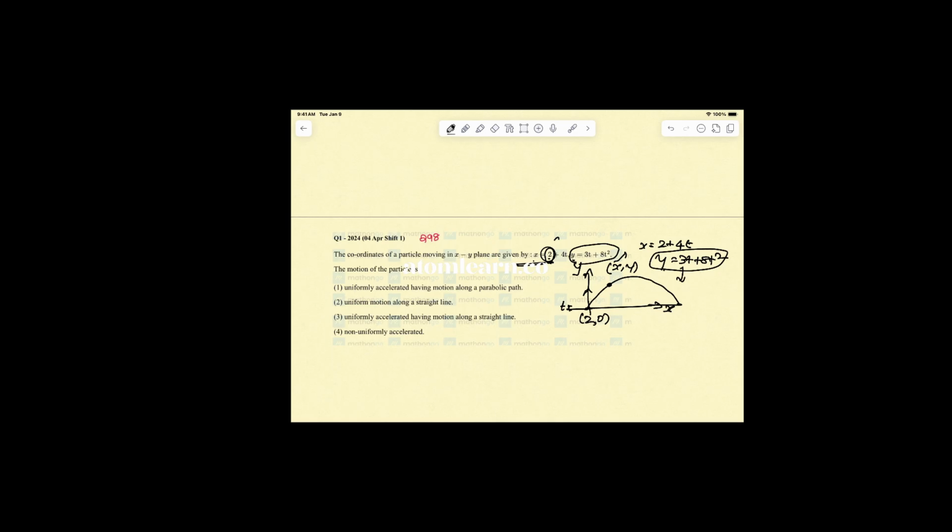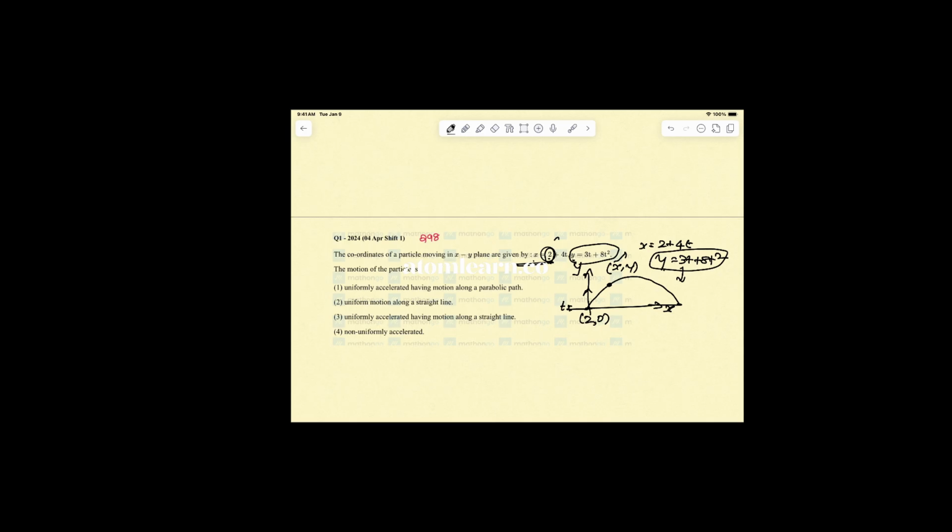You don't have to bother about it. Let's see what they are asking. This means the motion of the particle is uniformly accelerated, along a parabolic path.